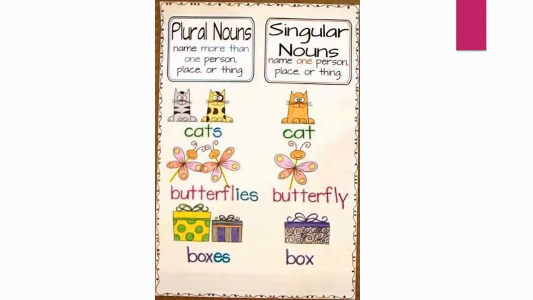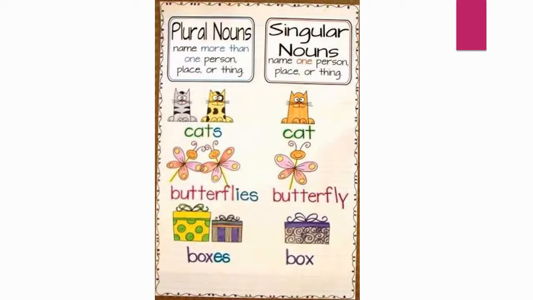Children, before we start today's topic, let me brief you about the last topic we have learned, that is singular and plural. In the previous topic we learned about singular nouns and plural nouns.